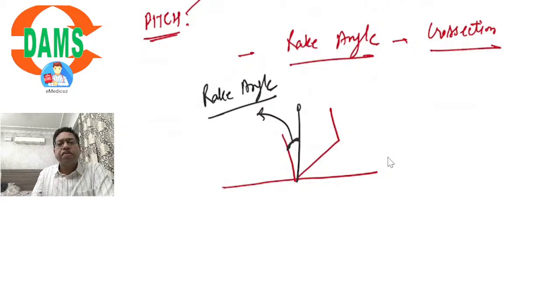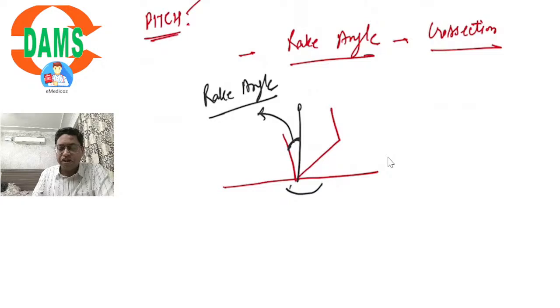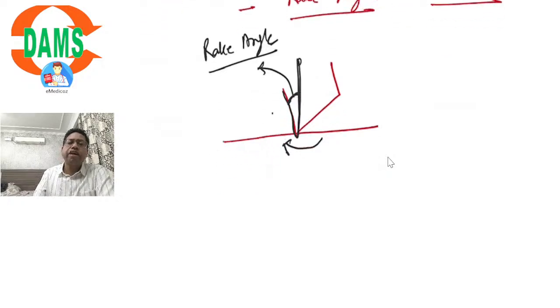If this is the direction of rotation of the instrument, what is this I have drawn? I have drawn cross section of one blade of an instrument. It is called rake angle between the rake face and the radial line. This angle is called rake angle.